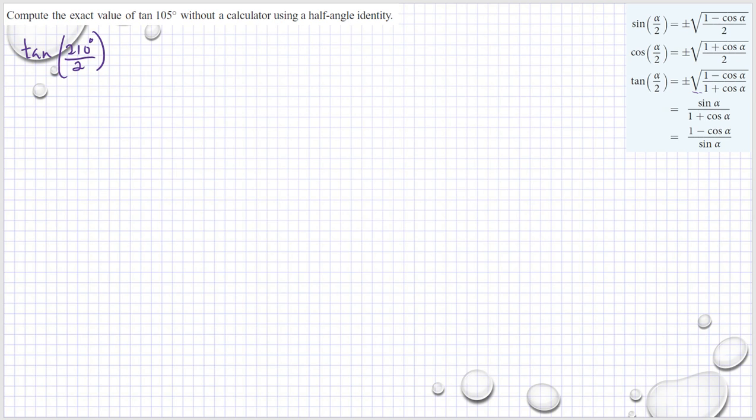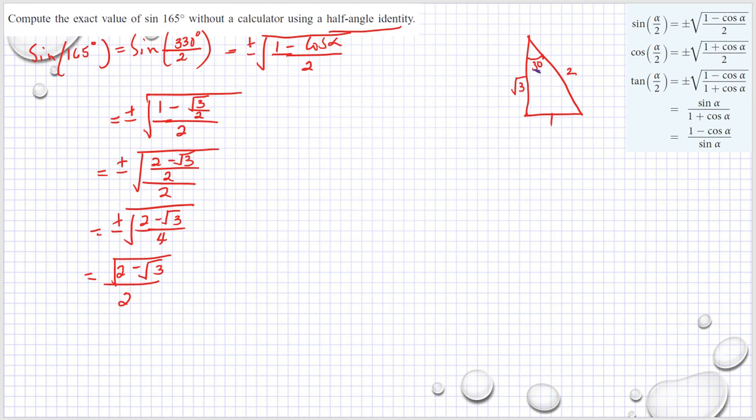And 210 is 180 plus 30 degrees. Then we are interested in 30 degrees, and we already did 30 degrees in our previous example. For cosine, we have square root of 3 divided by 2, and for sine, that is 1/2.